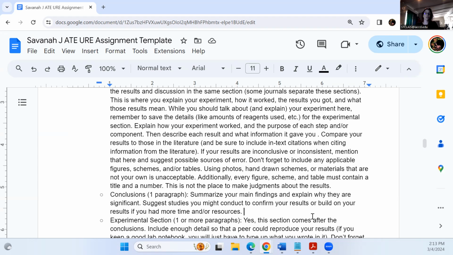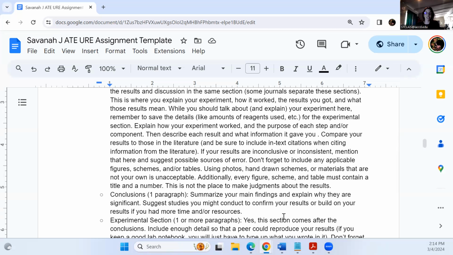All right, the conclusion section is often pretty short. It might only be one paragraph. Here, you'll give a brief summary of the main findings and then why they're significant. So this is going to be the big picture conclusion. You can also suggest studies that could confirm your results or further studies that maybe come to mind.